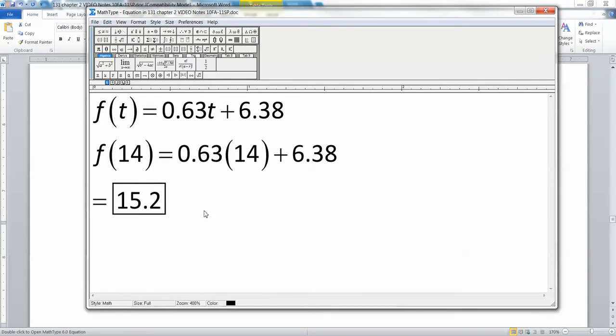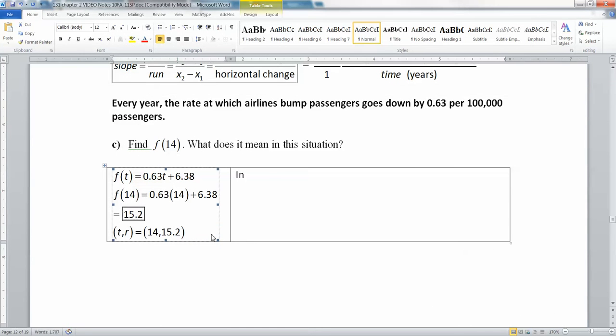Here, let me make a note to yourself. To you, not to me. This is T, comma R, wasn't it? So this was 14, comma 15.2. I gave you the 14. You found the 15.2 for yourself. It totally pays to, at some point, write down what your variables are in an ordered pair.